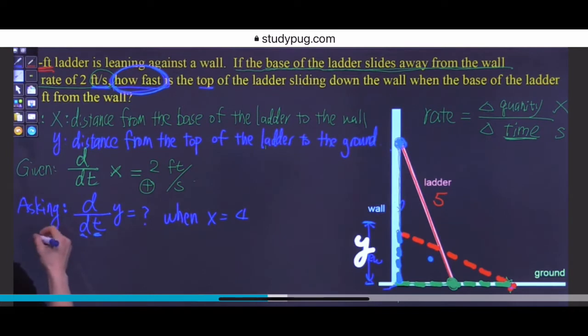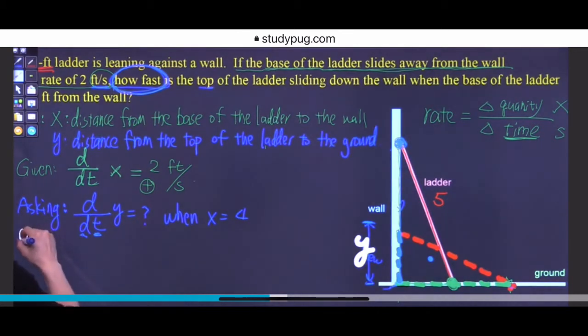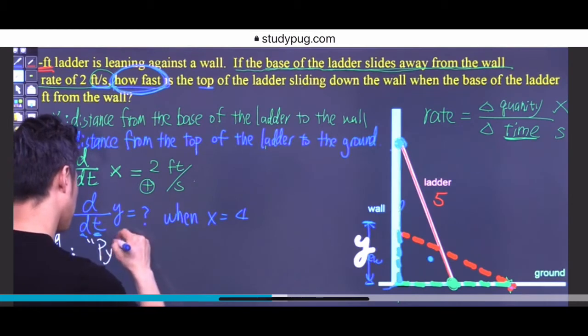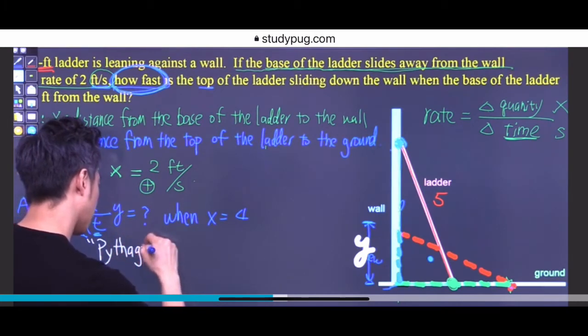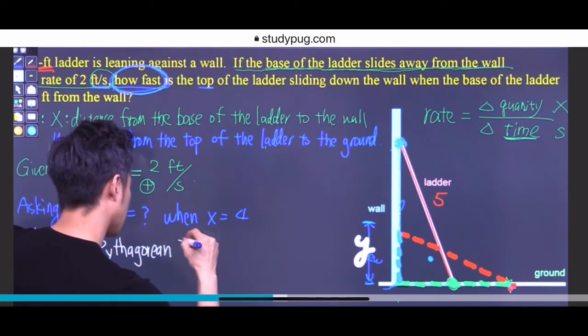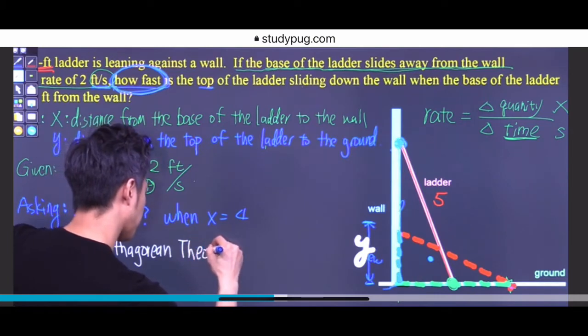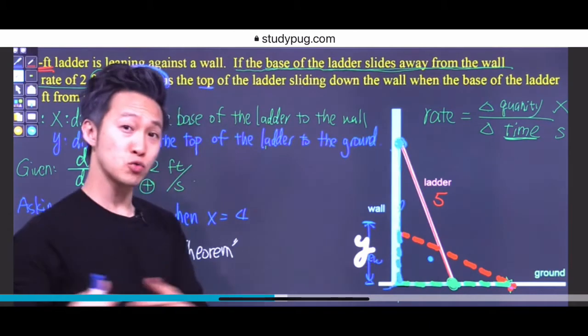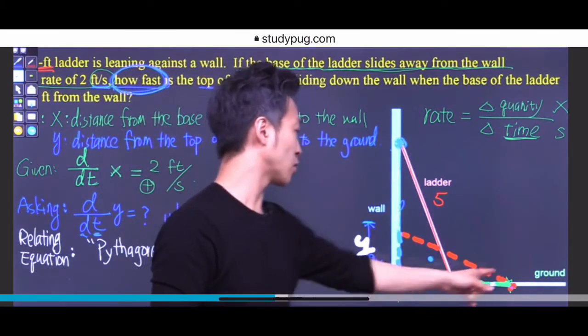So the relating equation in this case will be the Pythagorean theorem. Looking at this triangle, how would you write out the Pythagorean equation?